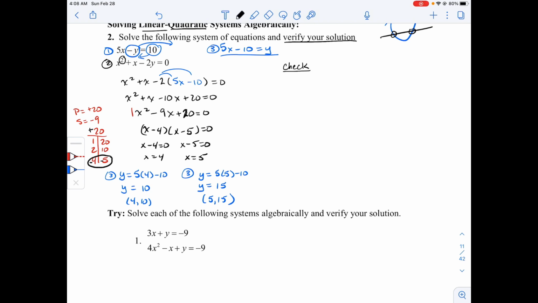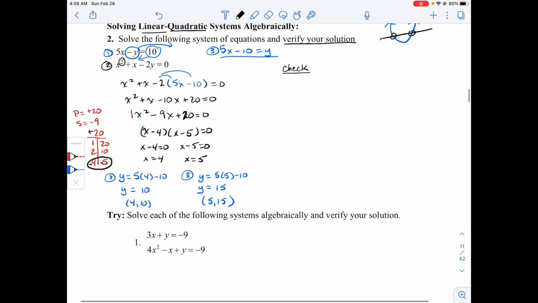On an exam, whenever we verify or do a check, we go back to the original equations. So I would not use equation 3 to do a check. I'd go back to the first and the second equations. So I'm going to check (4, 10), and I'm going to check my first equation.